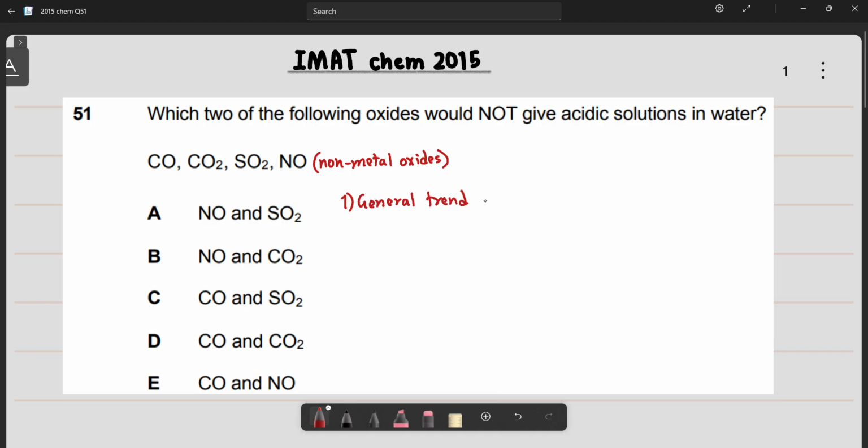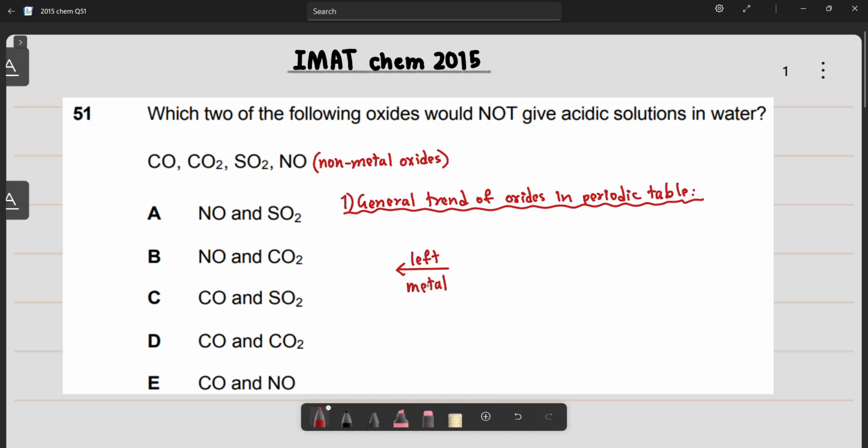So the first point we must recall, which is the most important point, is the general trend of oxides in the periodic table. We must know that the more we move towards the left side of the periodic table, the metal element side, it becomes more basic.